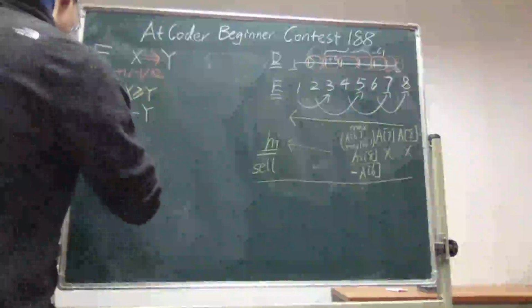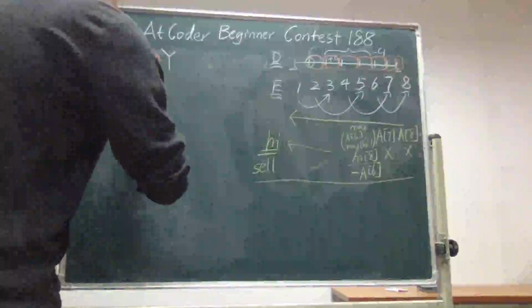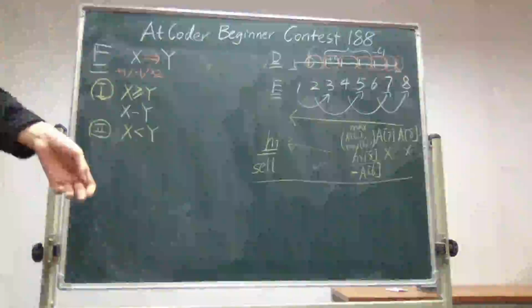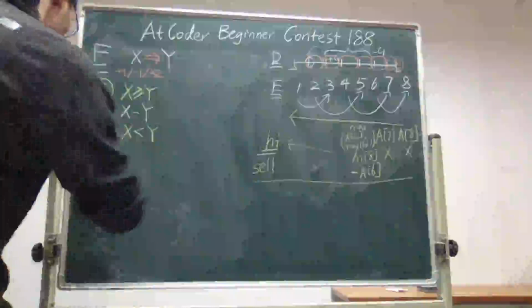Then the second case, which will be harder, is that x is smaller than y. The naive solution is to use breadth first search.